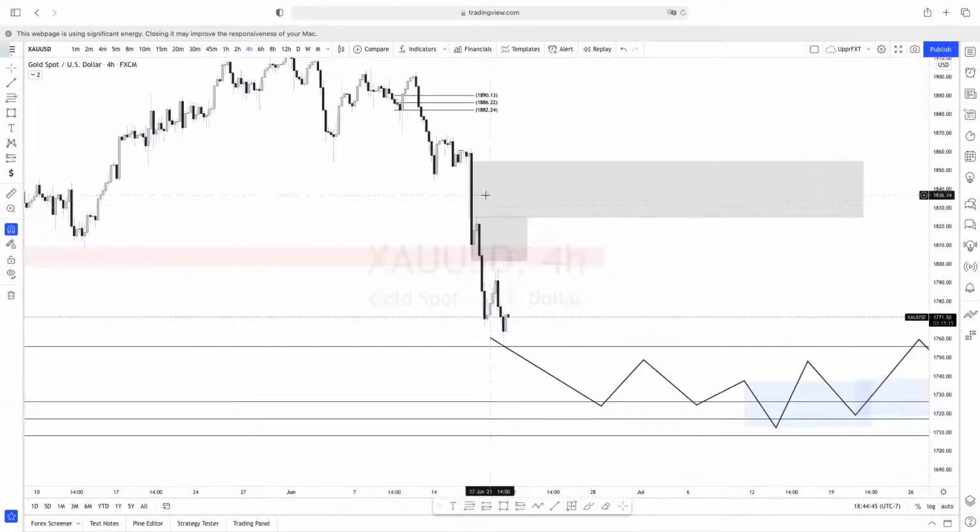But because it's so close to this imbalance, I'm not even going to mark it. I'll delete this because that's from the past. I don't care about this supply zone, even though it could possibly be valid, because I don't want to run the risk of being liquidated just to come in here to this imbalance. Maybe if I get in early, whatever, but I'm not going to have my stop that high.